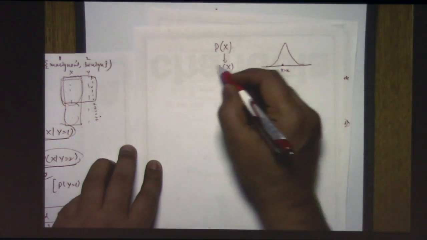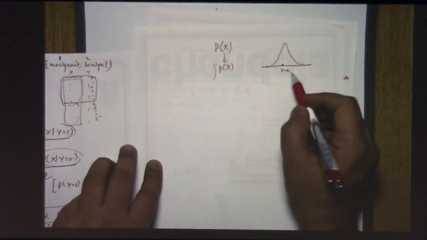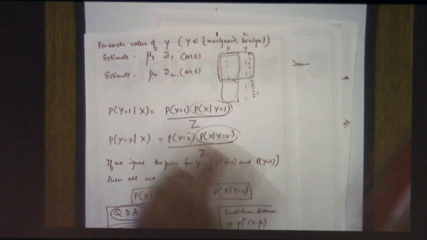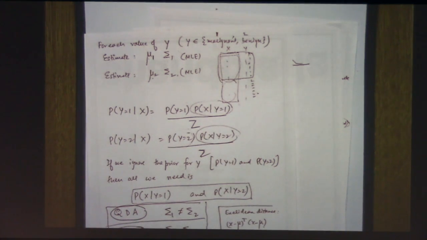This should integrate to 1. We are being a little lazy here and interchanging the notation. But whenever we talk about continuous distributions, we do refer to the PDF rather than the actual probability. Any other questions? Yes.